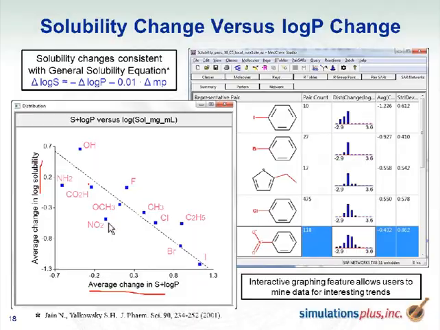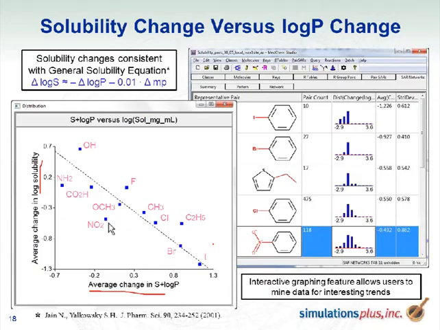What you see is a trend: as the additional atom becomes more hydrophobic, the solubility decreases. So as you add the iodine, that decreases the solubility more than the bromine atom.